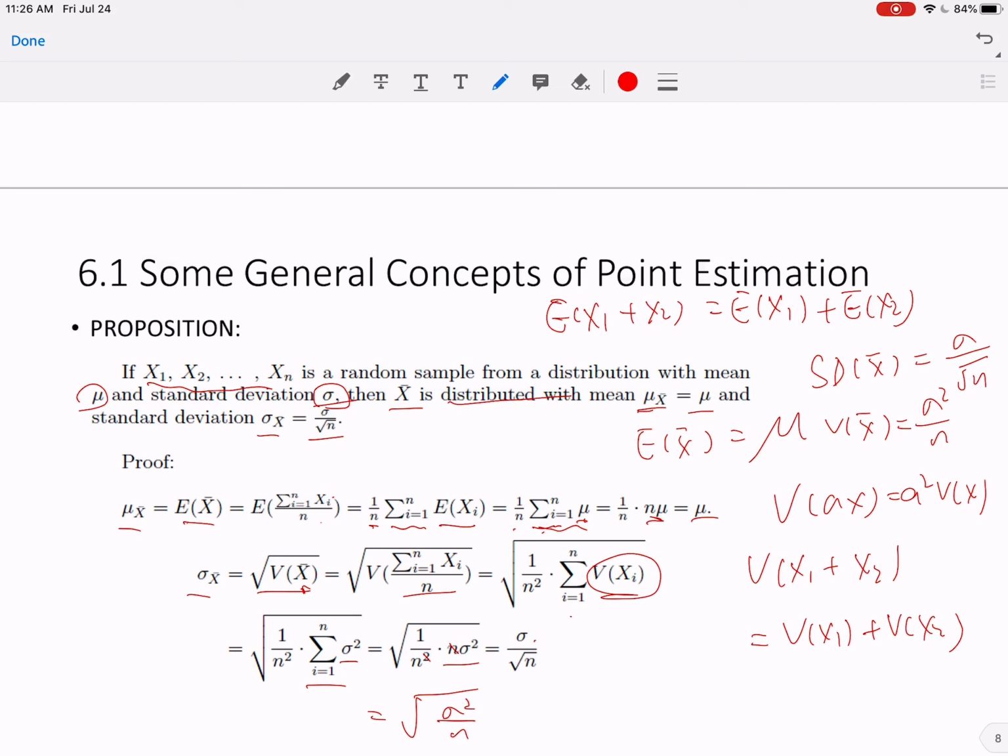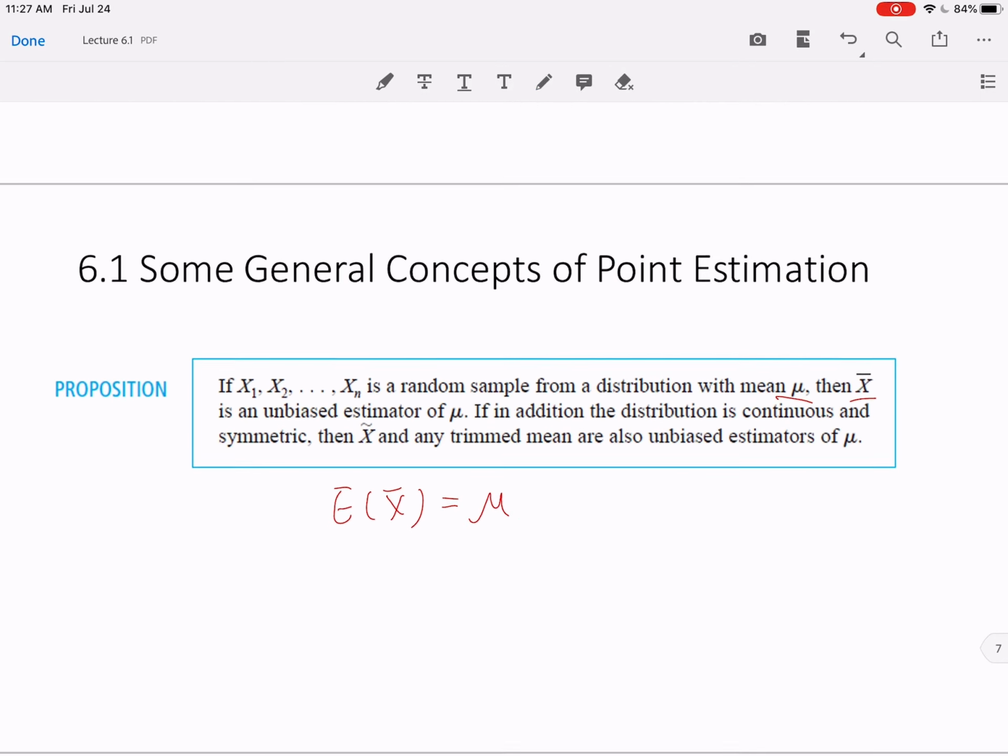I think the most important thing in this section is the proposition that we went over last here. This proposition is the most important thing in this section because we're going to use it a lot in chapter 7 and chapter 8.